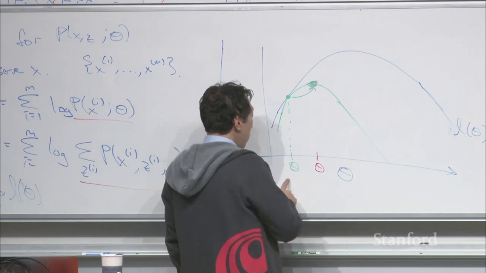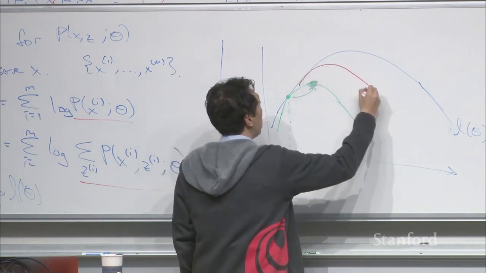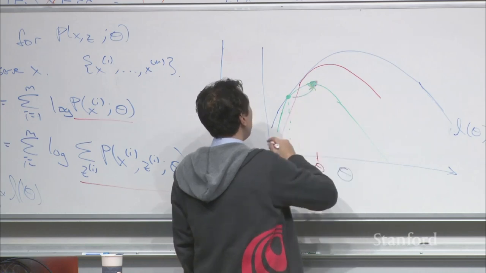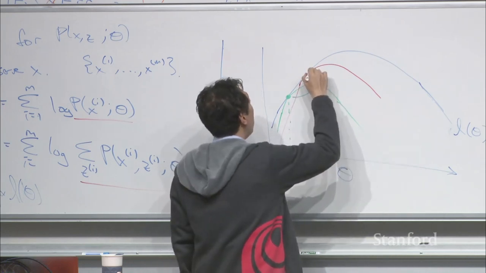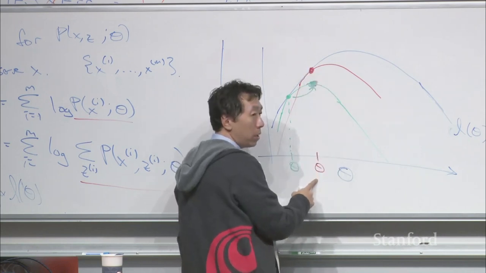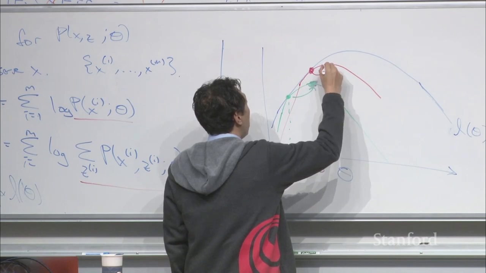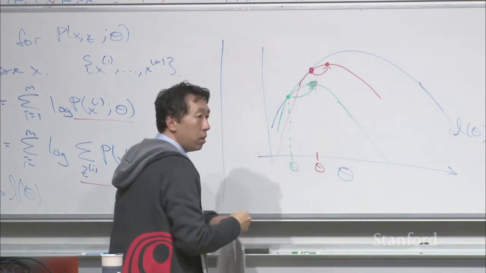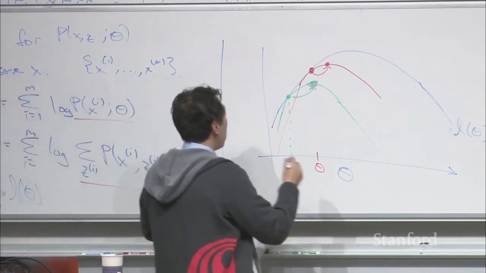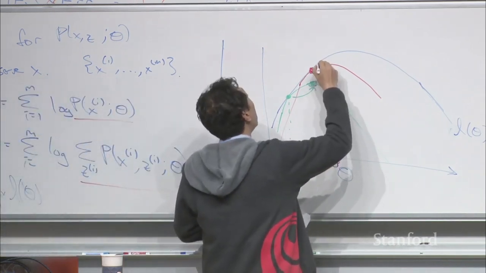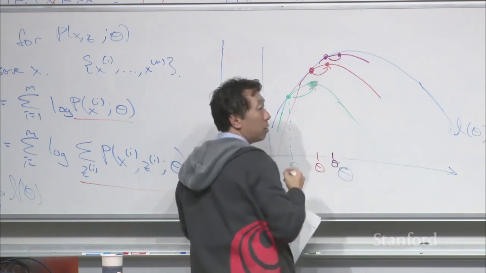The second iteration of EM, now that you're at this red thing, is we'll construct a new lower bound. And again, it's a different lower bound. Everywhere the red curve is below the blue curve, and the values are equal at this new value. That's the E step. And then the M step will maximize this red curve, and so on. Now you're here, construct another one, do that, right?